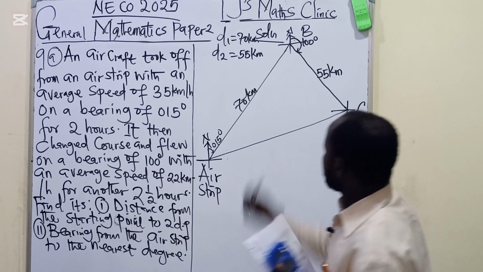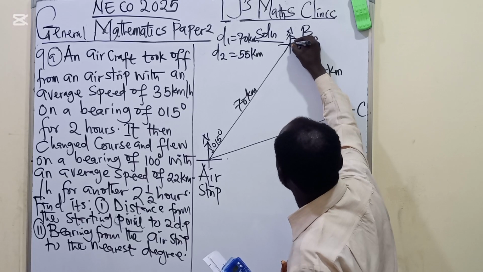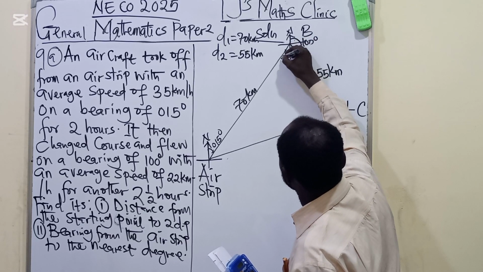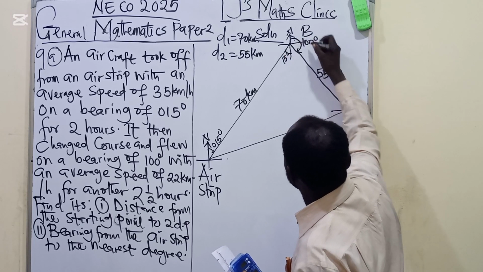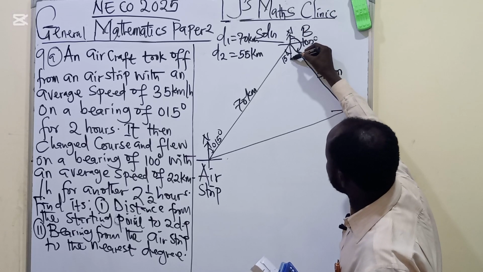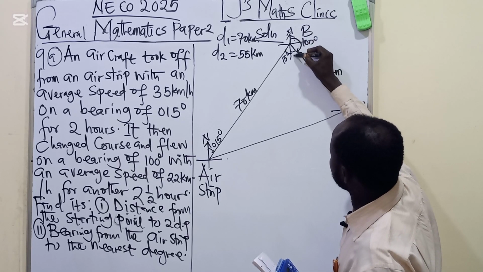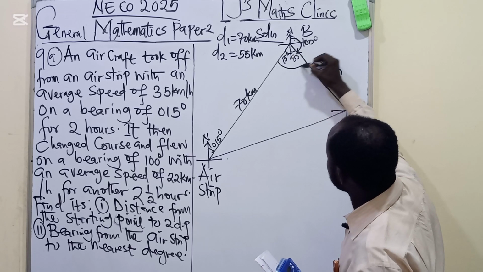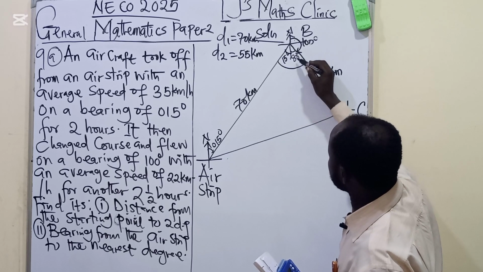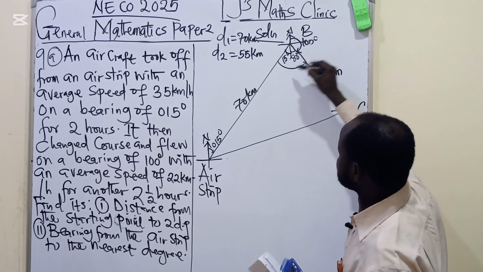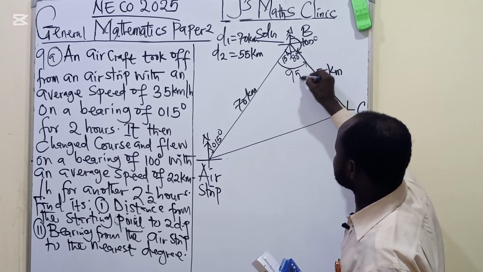Very important. If here is 15 degrees, it means this angle too will be 15 degrees. And from this North Pole to this South is 180 degrees. We have removed 100 degrees. The leftover angle here will be 80 degrees. So we can find the total angle here now, which is 80 plus 15 degrees. That will be 95 degrees.